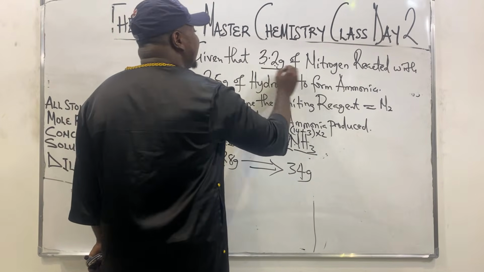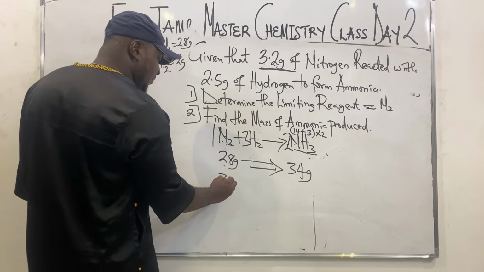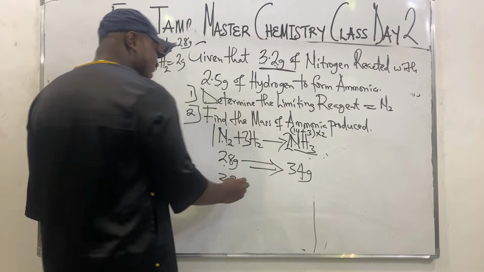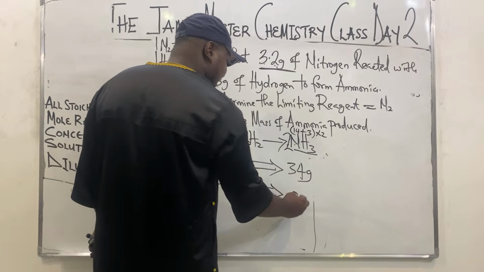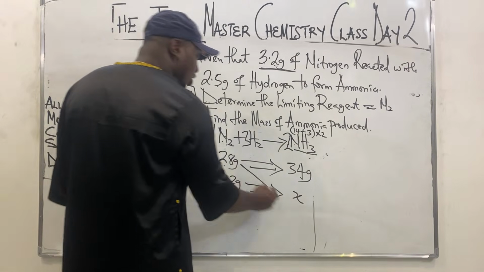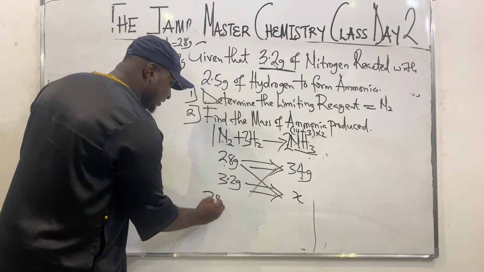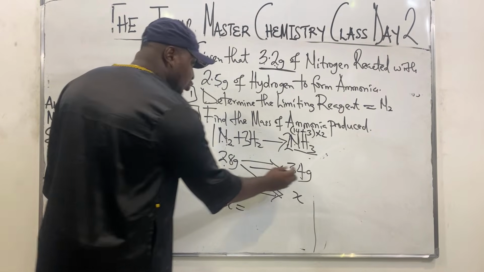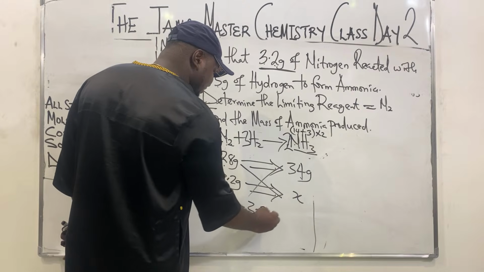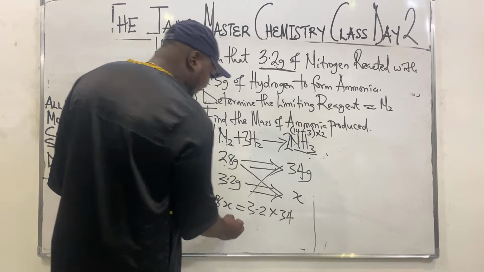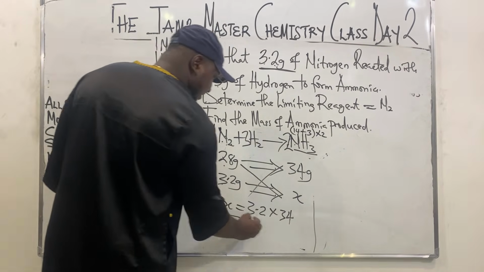Now, 3.2 gram of nitrogen is available. What mass of ammonia will be formed? We don't know. Call it X. It's now time to cross multiply. So 28 times X is 28X equals 3.2 times 34. Divide both sides by 28.